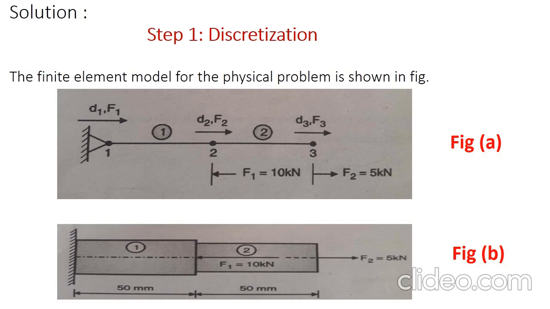Next, element 1 will be discretized into node 1 and node 2, while the second element will be discretized between node 2 and 3. So node 2 is nothing but the intermediate node between the first element and the second element.